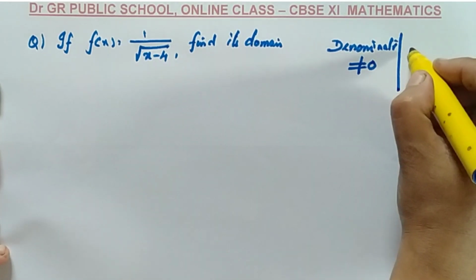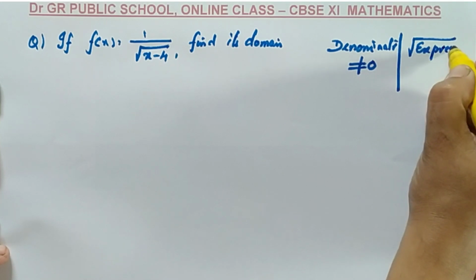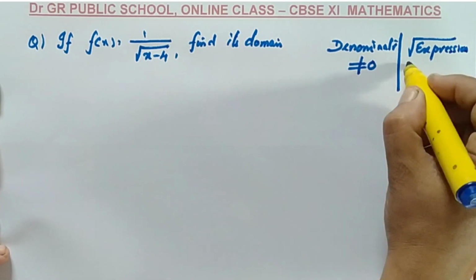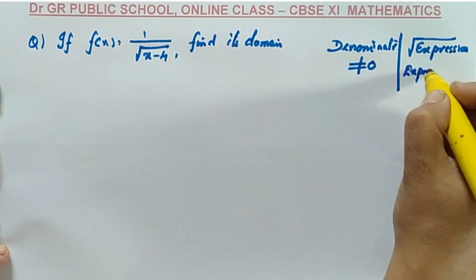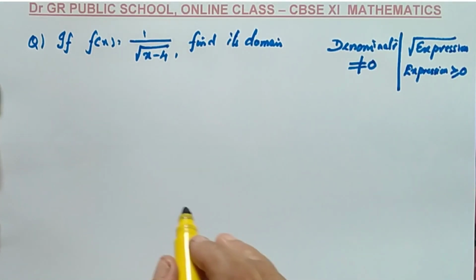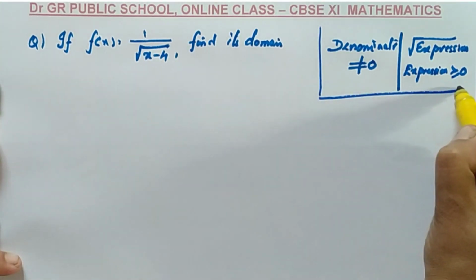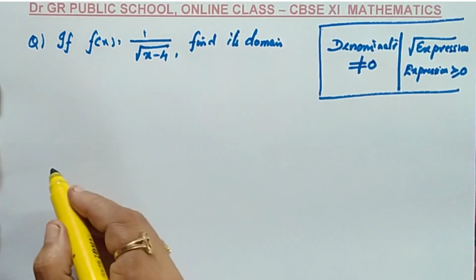And the second condition is that if the function has an expression within the square root, this expression should be greater than or equal to 0. Otherwise the function will become invalid. So these two conditions need to be satisfied for the function to be valid.